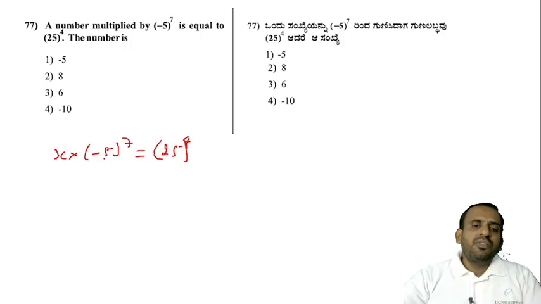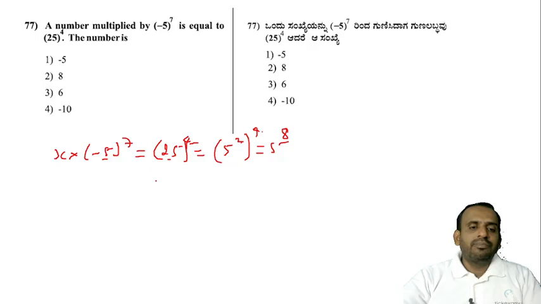Now since we have 5 here, we will try to take the base as 5. So 25 will become 5 square to the power of 4 will remain here same. Again this 5 square, this will become 5 to the power of 2 into 4. So 2 4s are 8.